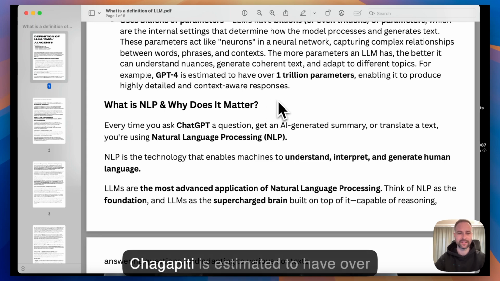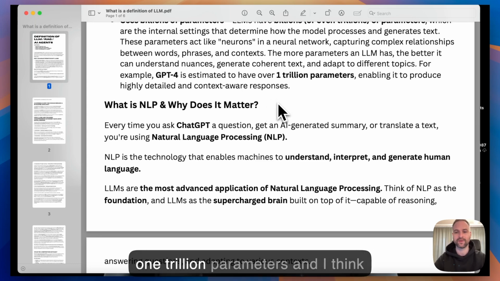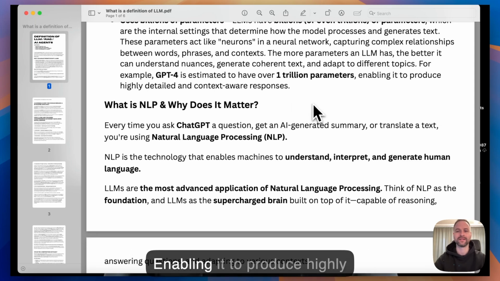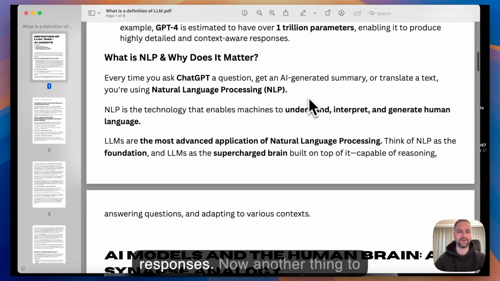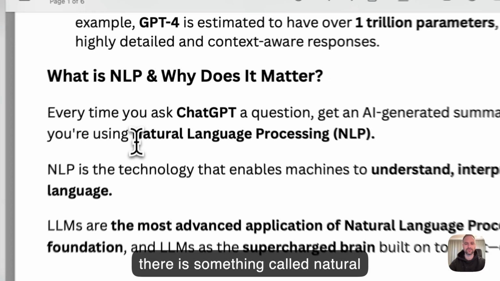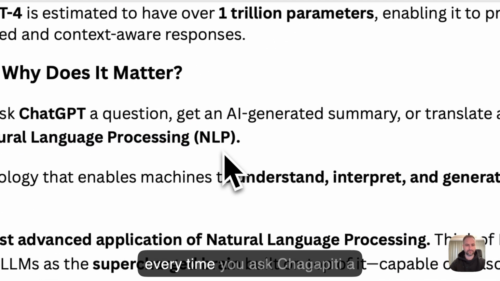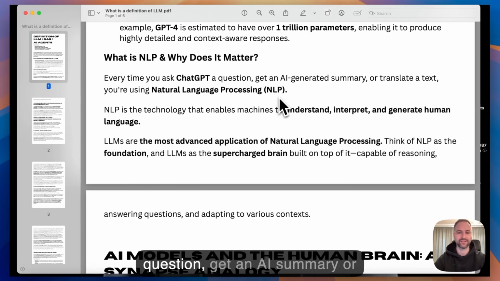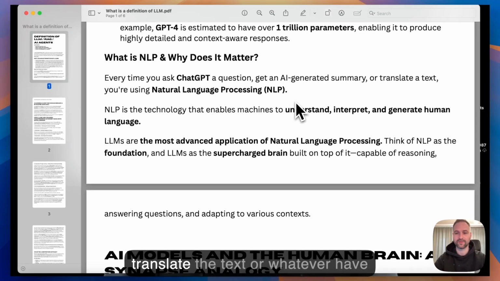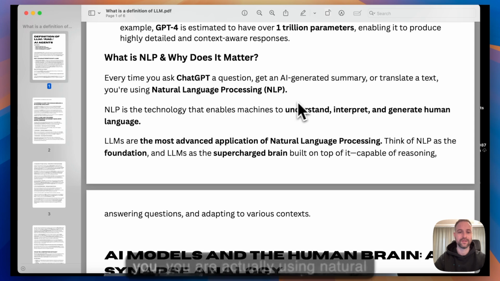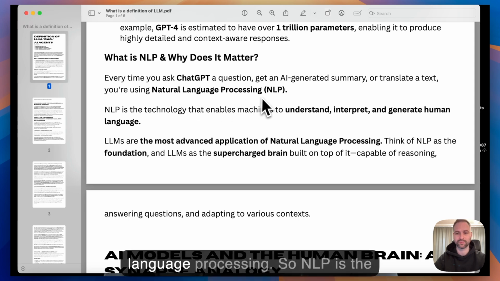For example, ChatGPT is estimated to have over 1 trillion parameters, and I think it's even more, something like 1.7, enabling it to produce highly detailed and context-aware responses. Now, another thing to understand or to summarize is that there is something called natural language processing, NLP. Every time you ask ChatGPT a question, get an AI summary or translate text or whatever have you, you are actually using natural language processing.